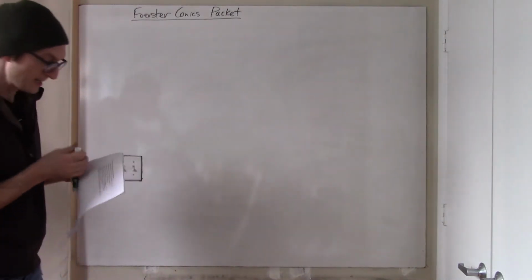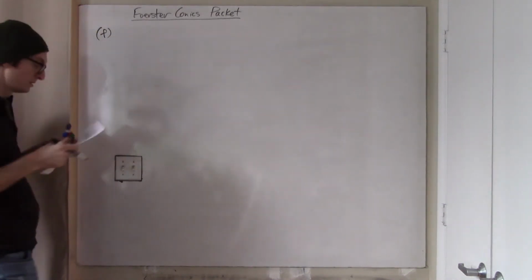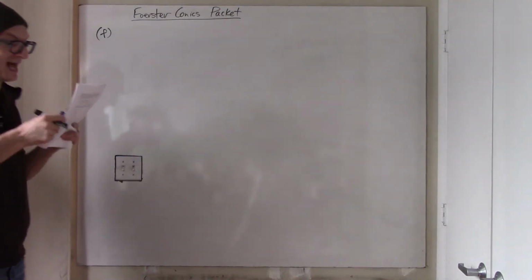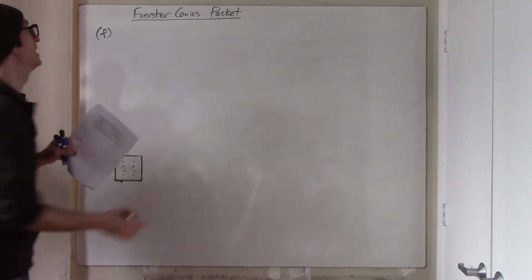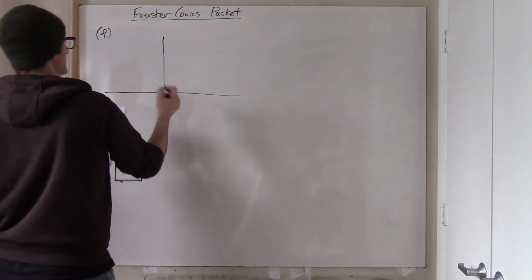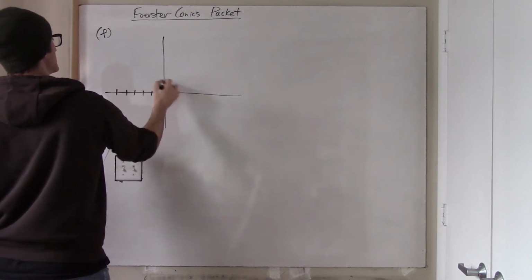Okay, F. Hyperbola with vertices at 2, 3 and negative 6, 3 and latus rectum 10 units long. Okay, let's go. 2, 3 and negative 6, 3. 3, 4, 5, 6.